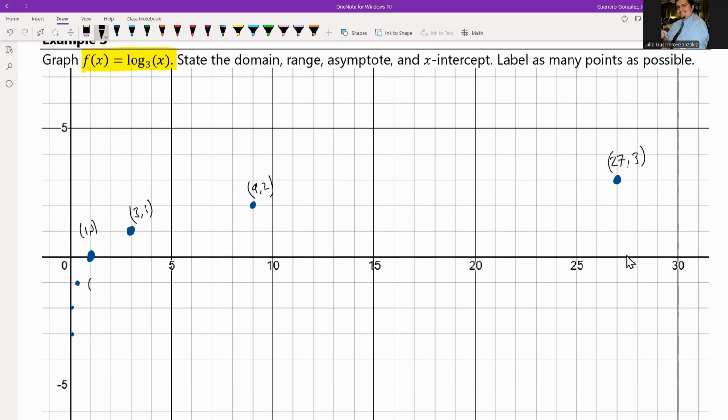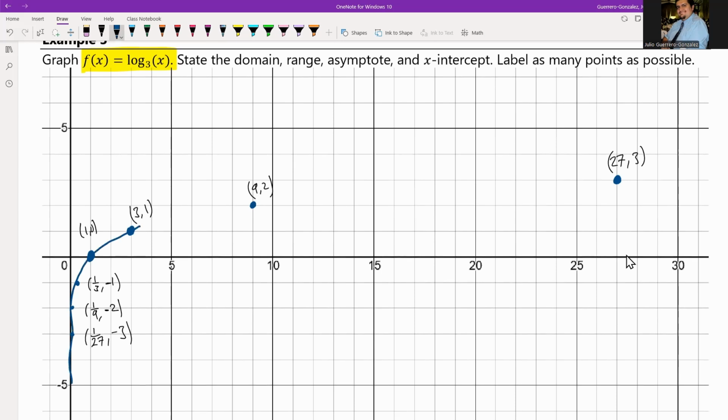These are, I guess, the more troublesome ones: (1/3, -1), (1/9, -2), (1/27, -3). Okay, and now we do the connect the dots, just like we did in kindergarten.